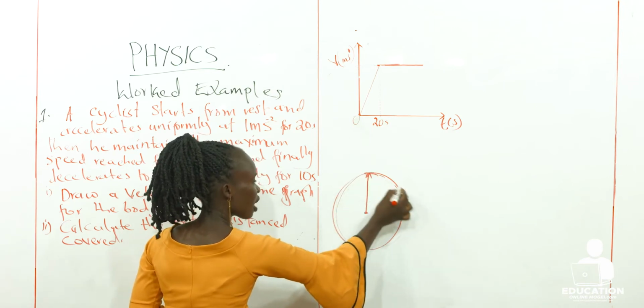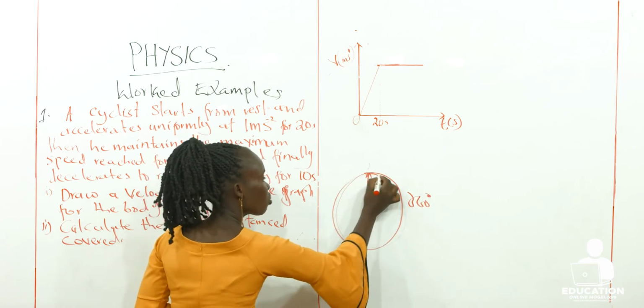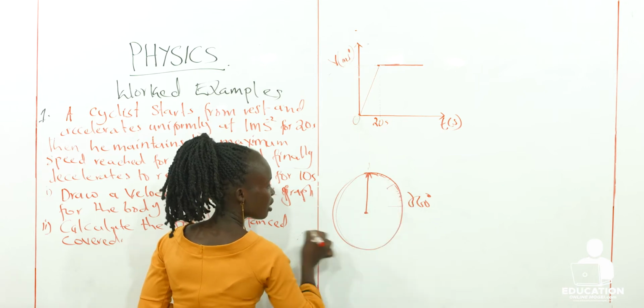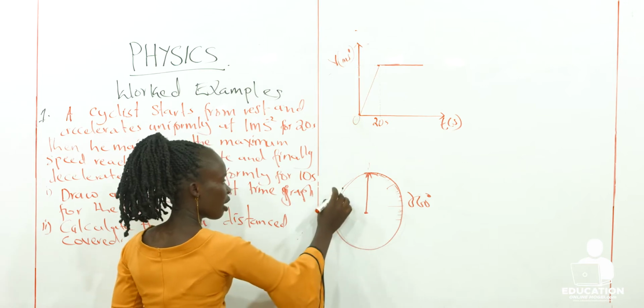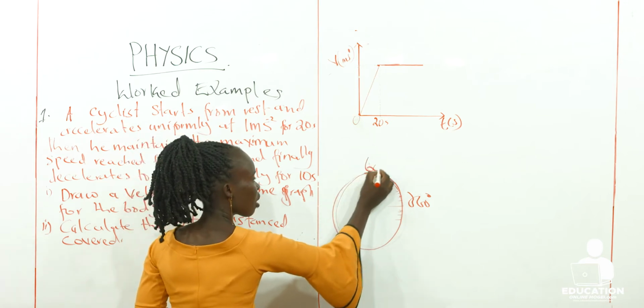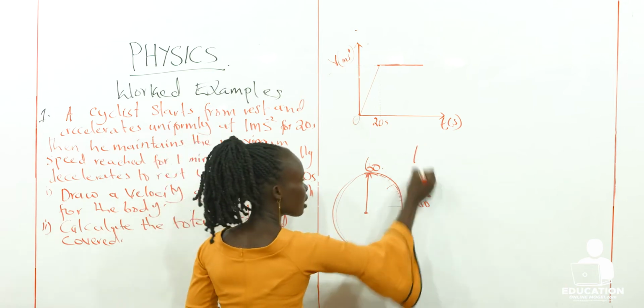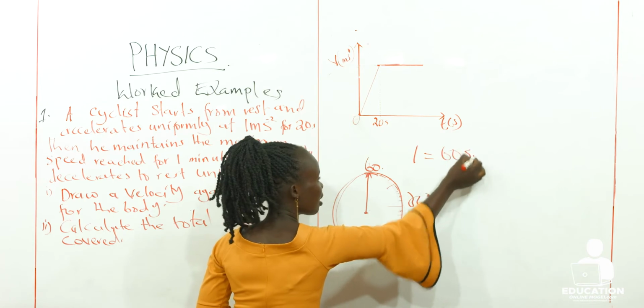That means it moves 360 degrees, the whole of that. So when you count the demarcations on the clock, you'll see that it counts up to 60. That means that if you have 1 minute, you can equate that to 60 seconds.